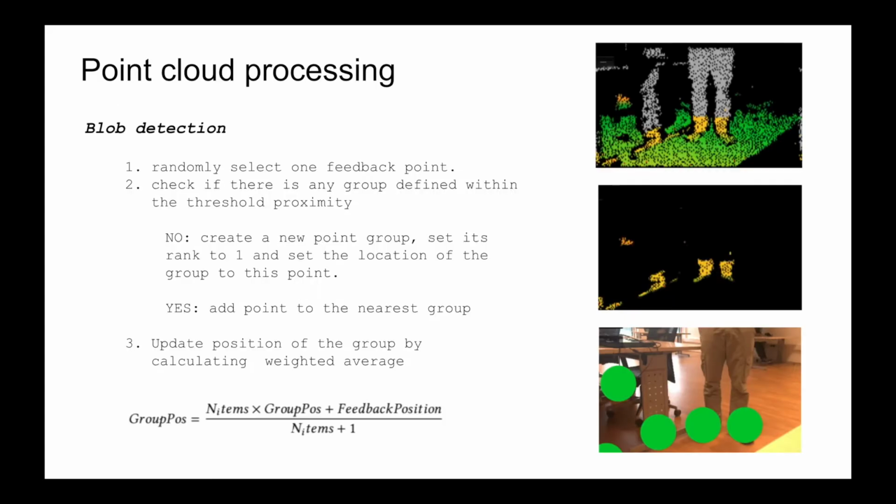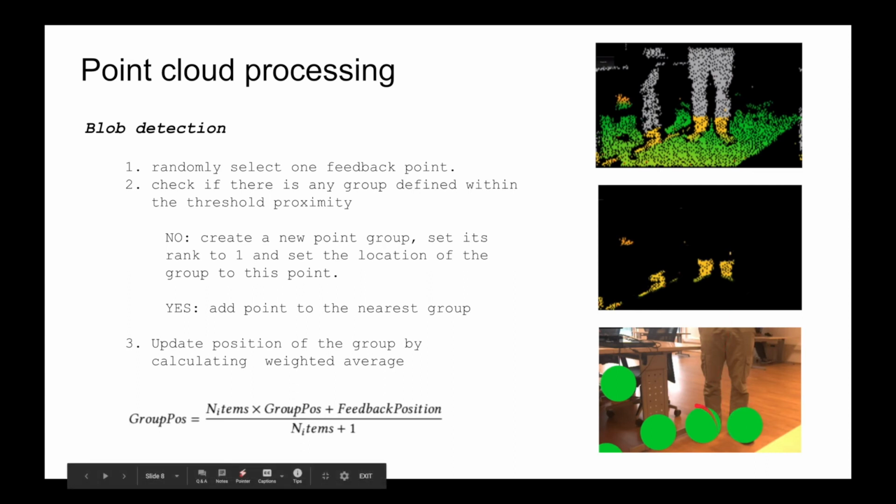So the goal of point cloud processing is to find feet of players. In the first step of this processing, we use a min-max filter in order to isolate 3D points that are likely to represent feet of players. We use a threshold of 20 centimeters. After we've done that, we move to the step where we try to group points into blobs.